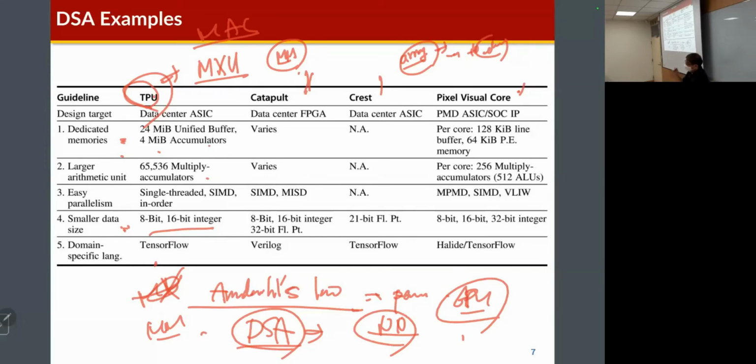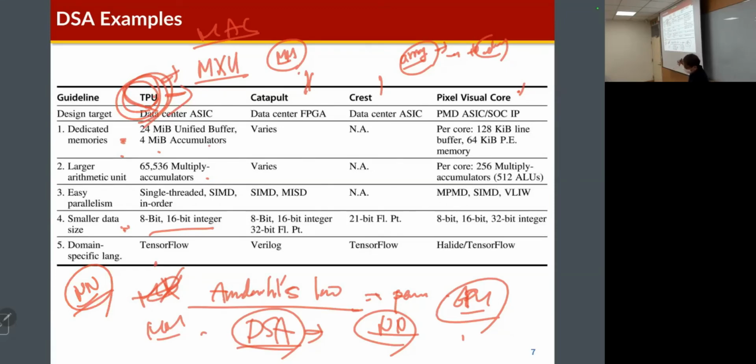Some applications, like neural network applications, handle large amounts of matrix multiplications. But why neural networks? GPU is the general purpose GPU, so we use GPU for general purpose applications. But TPU is only good for matrix multiplication.